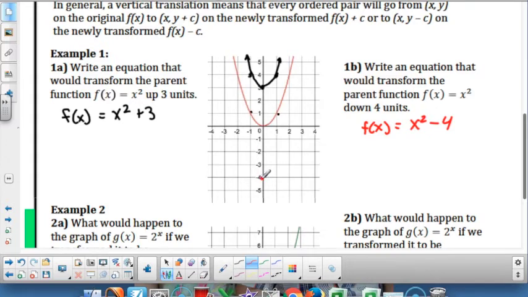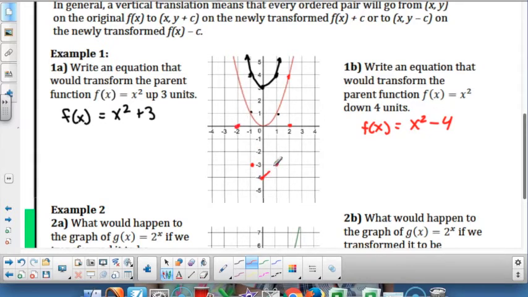So I'm going to go down to negative 4. This 1, 1 is going to go down 1, 2, 3, 4 units. I could go on. I could come over to this one, and it's going to go down 1, 2, 3, 4 units. Same thing over here. Each of these points is going to go down 1, 2, 3, 4 units.